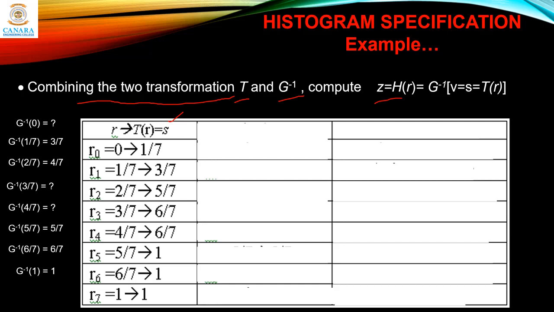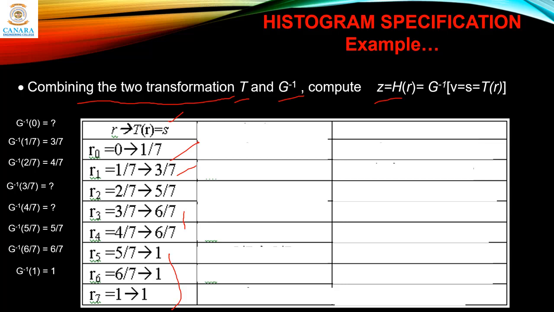So R naught of 0, TR of 0 is 1 by 7, TR of 1 by 7 is 3 by 7, TR of 3 by 7 and 4 by 7 we equated to 6 by 7, and TR of 5 by 7, 6 by 7 and 7 by 7 map to 1. So this is what we obtained in the equalization part for the input image histogram.